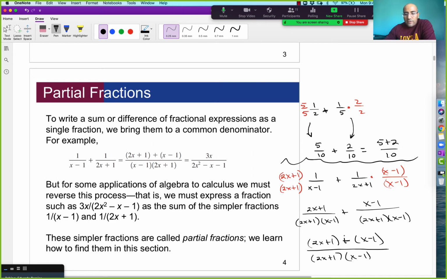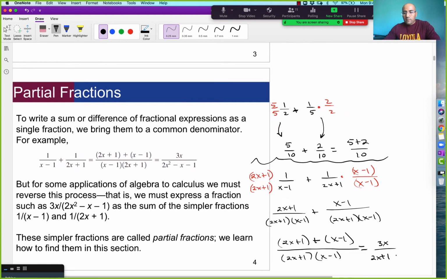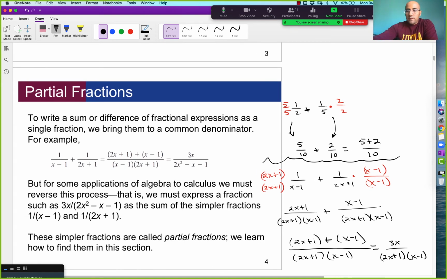So now we just simplify the numerator, combine like terms, distribute if you need to, and we end up with 3x over the product of the two, which is 2x plus 1 times x minus 1. Good. And that's where this is coming from. Easy, easy, easy breezy.